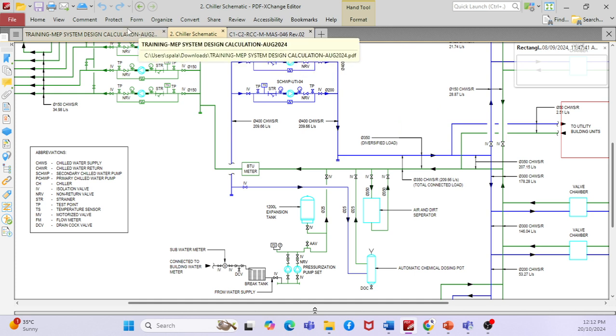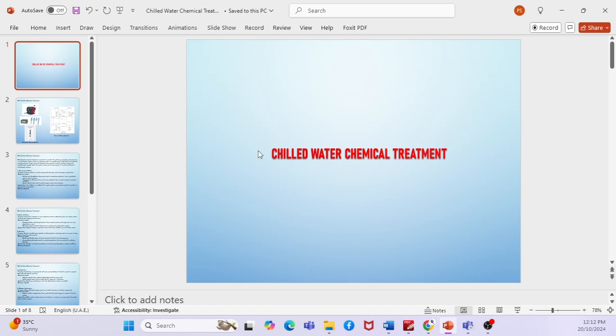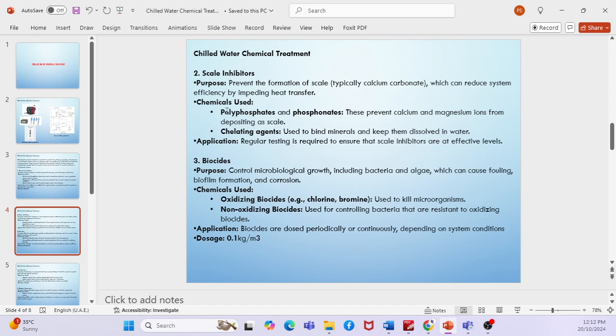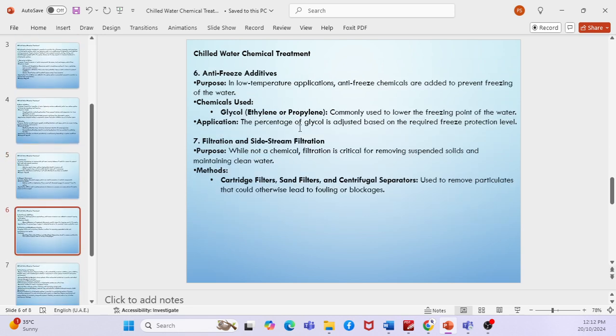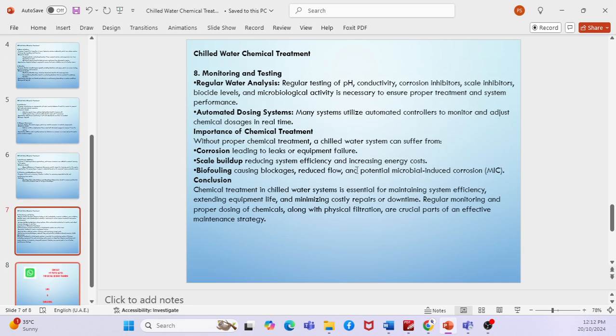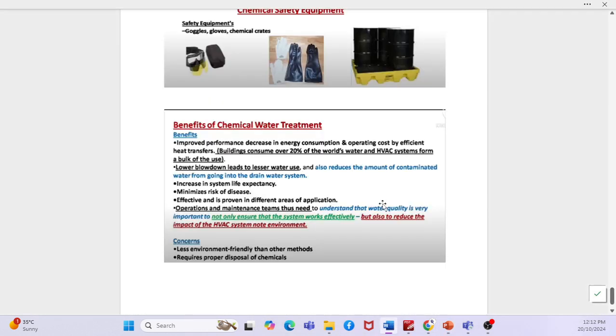And we have seen the different types of chemicals and the purpose of each: inhibitors, pH inhibitor, scale inhibitor. We have also seen the importance of chemical treatment of the water system and why it is required. So this is just a theoretical part.